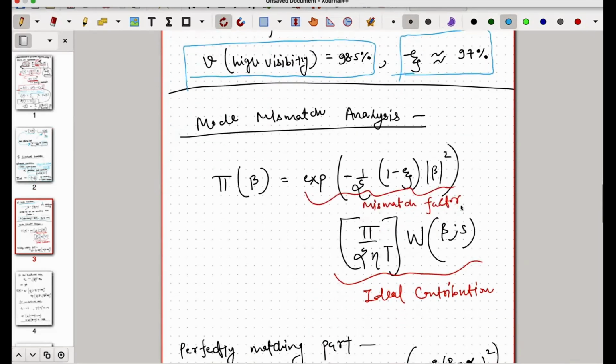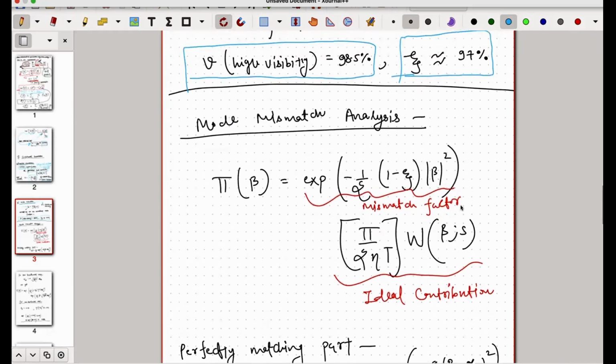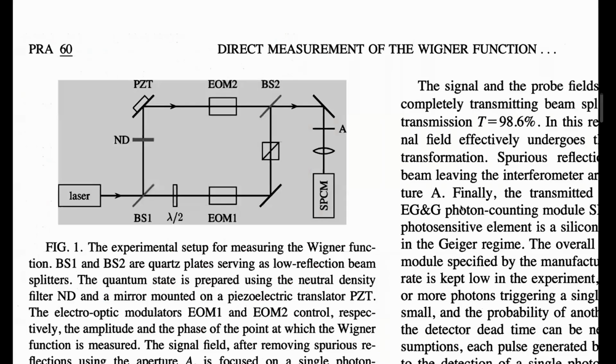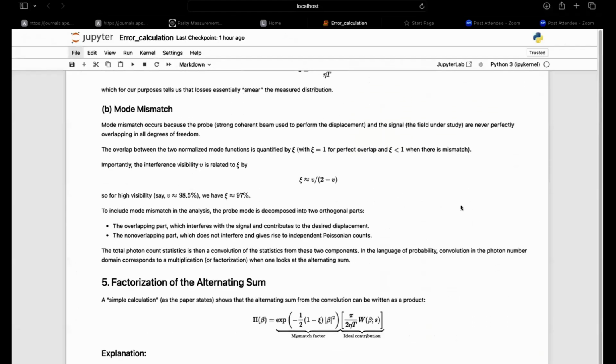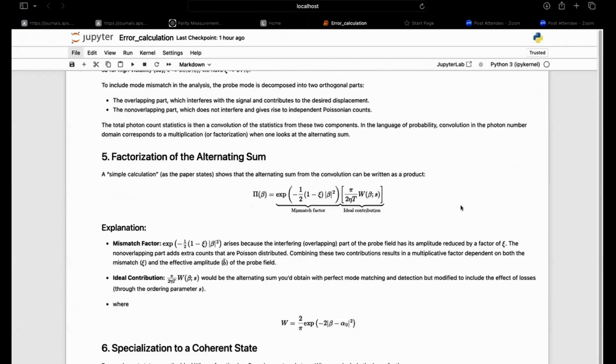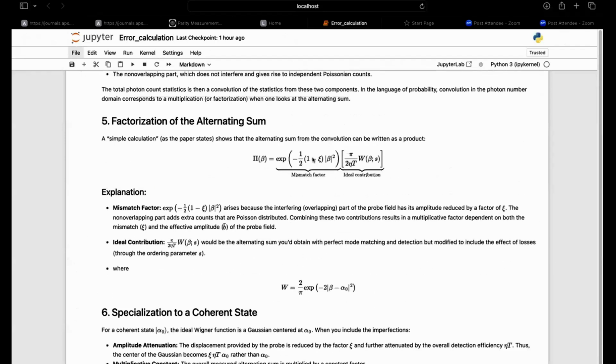So to do the mode mismatch analysis, let me go to my report. We'll break the part. We'll do this altering sum of convolution. We'll take the convolution of two factors. So we'll try to break down this parity operator. This will give us two factors.